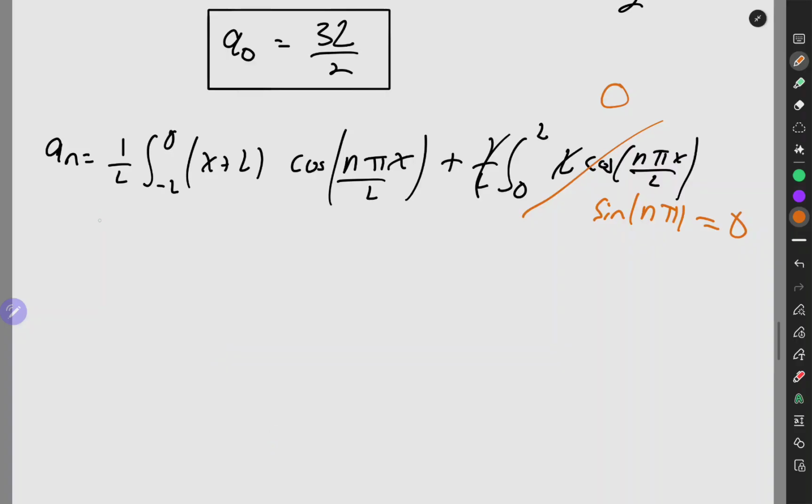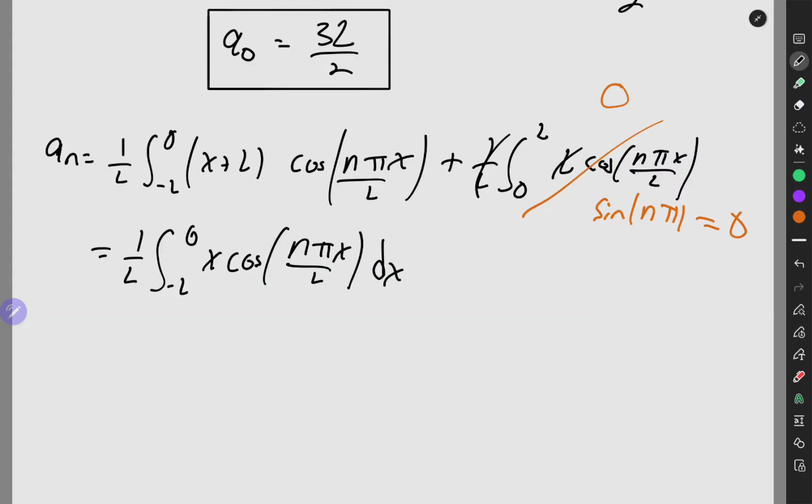The same thing's going to happen over here, so we're just going to be left with this, because you can see the exact same integrals over here, but from negative L to 0.